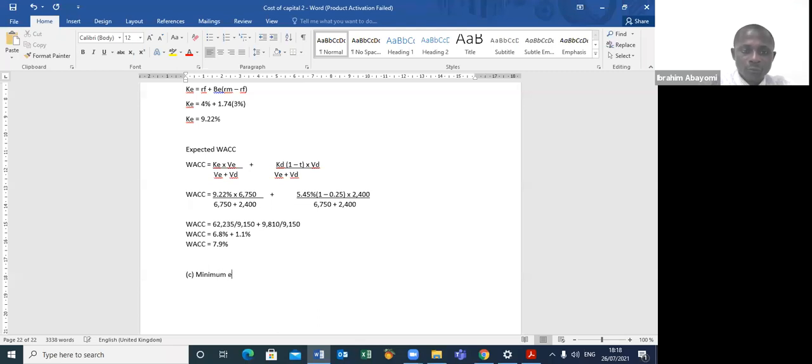Computation of minimum required return on the new debt before interest is paid.